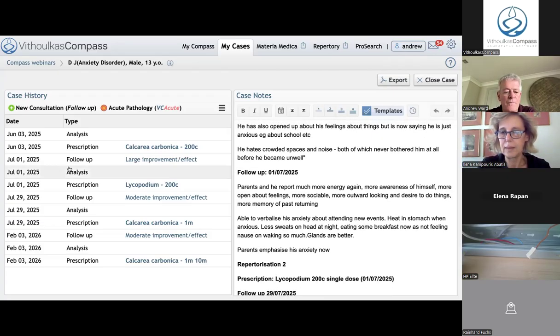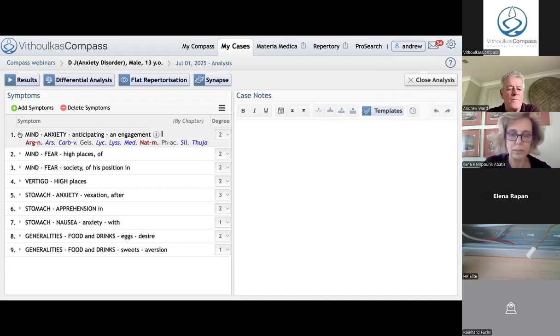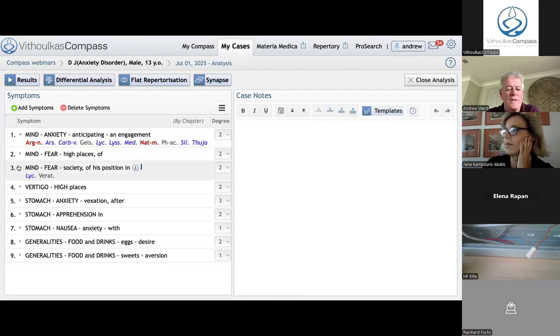So, second analysis, focusing on anxiety anticipating engagements, still the fear of the high places, fear of his position in society. So this rubric relates to what people are thinking about him.